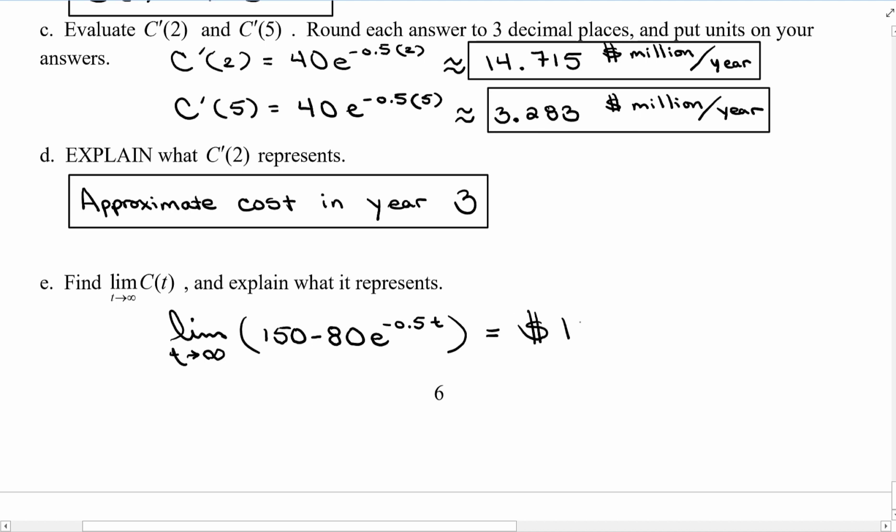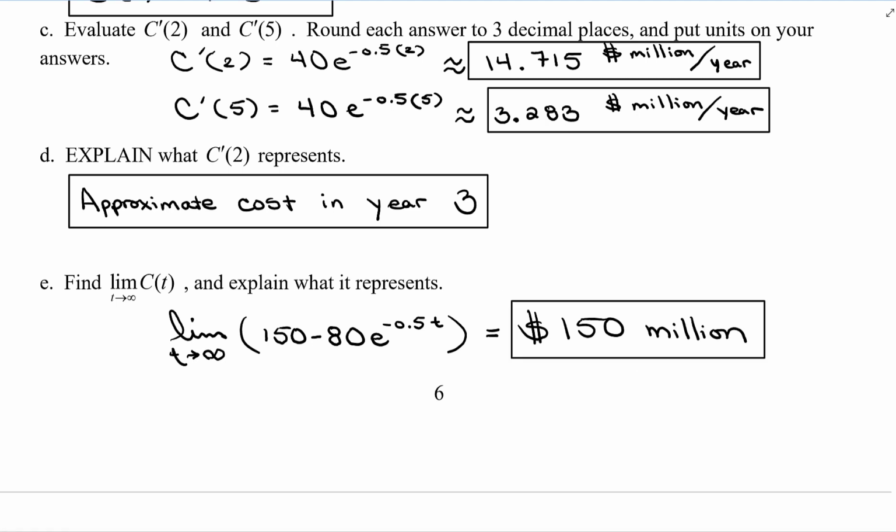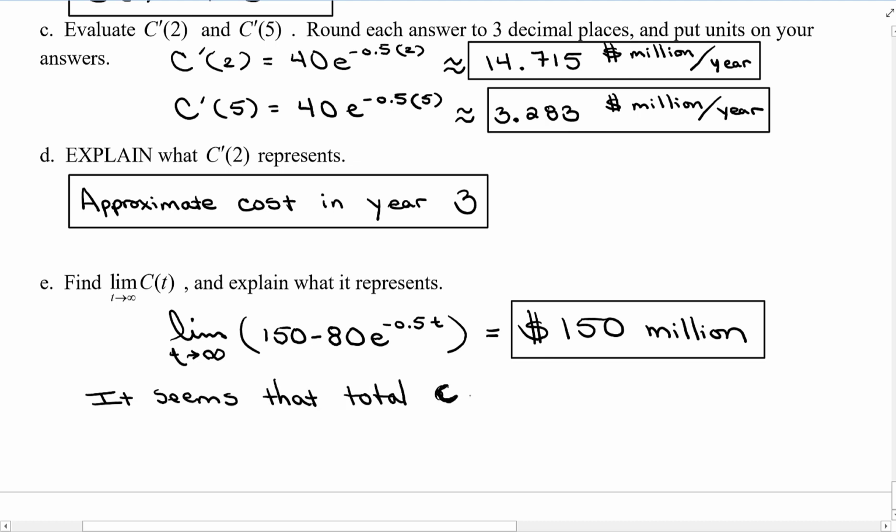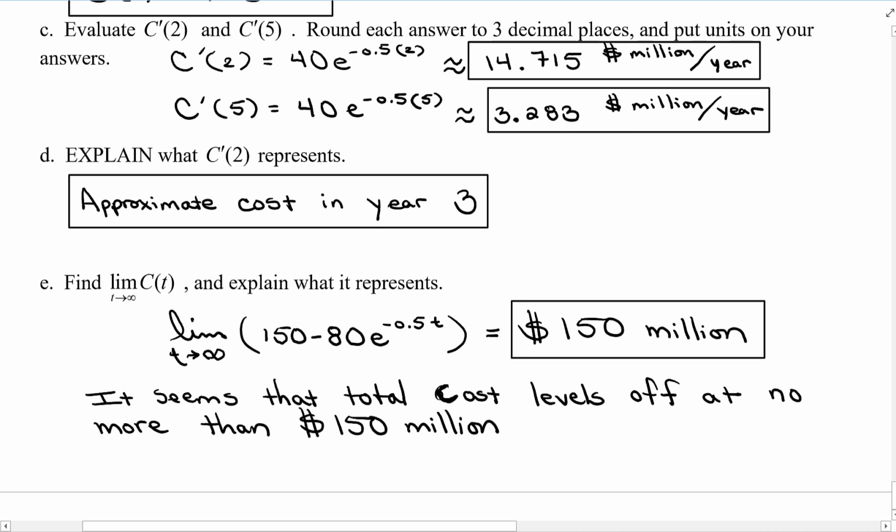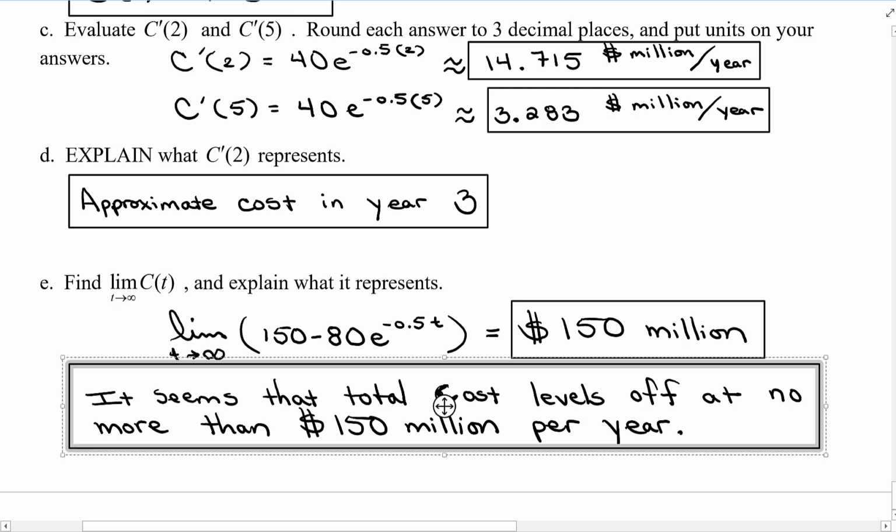If you recall in the graph, that 150 C of t value represented the limit, the value the function was not allowed to reach or go above. So it's the value where the cost leveled off, and it was limited to not equal that amount. It seems that the total cost levels off at no more than $150 million per year. So that's our answer for that problem. All right, let's box that in.